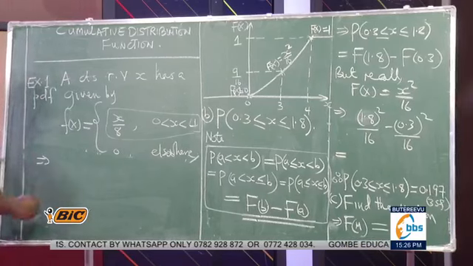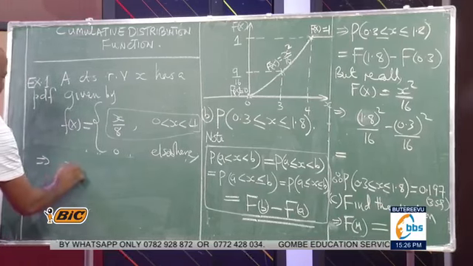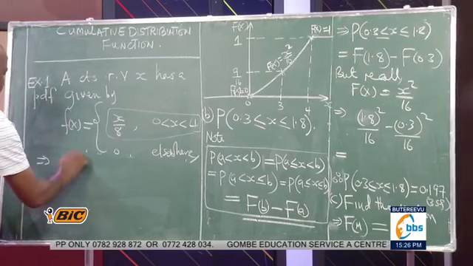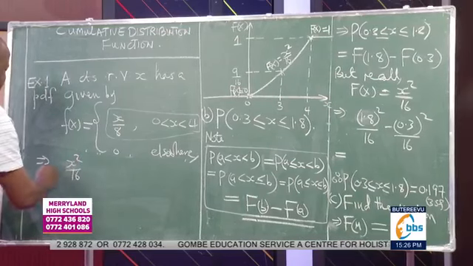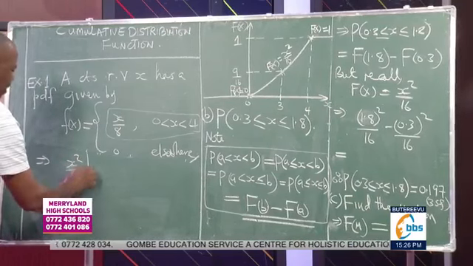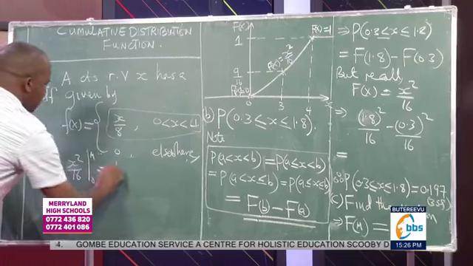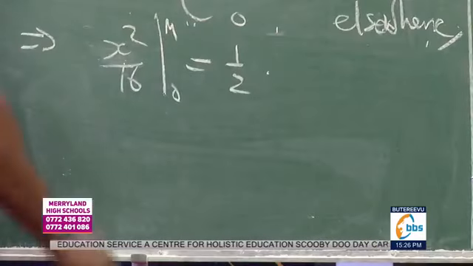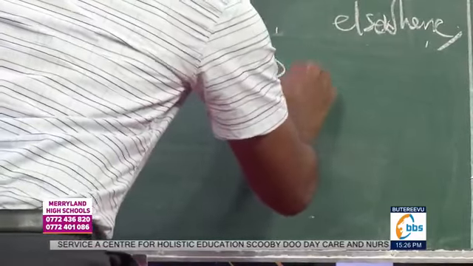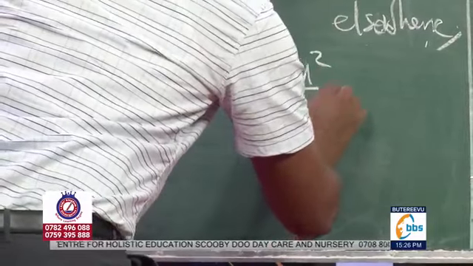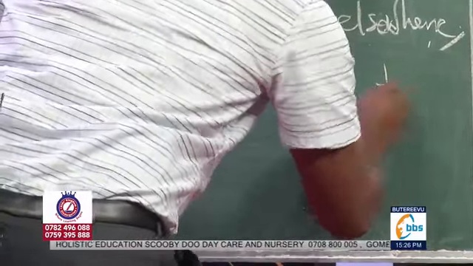This implies, therefore, that our X squared out of 16 will be able to give us the median if we put in our limits as 0 to M. And this will imply that our M squared out of 16 will be equal to a half.